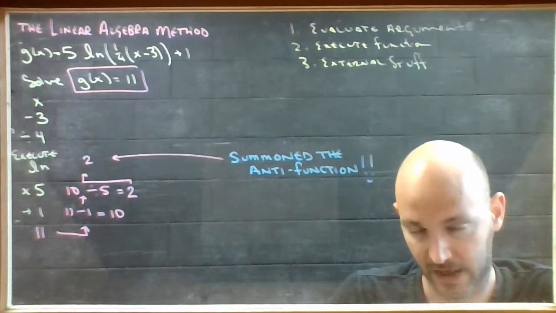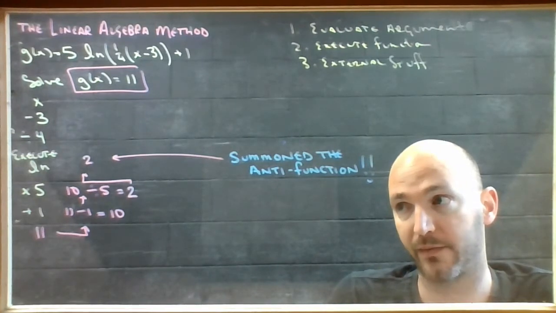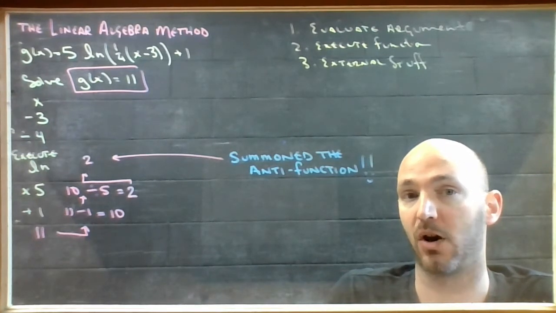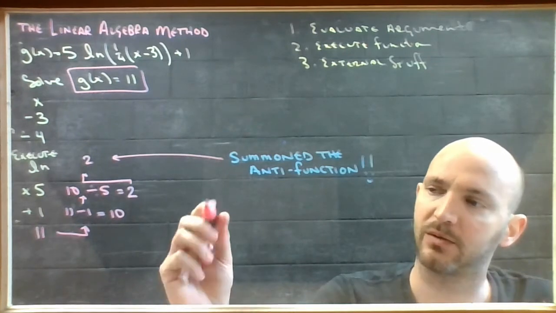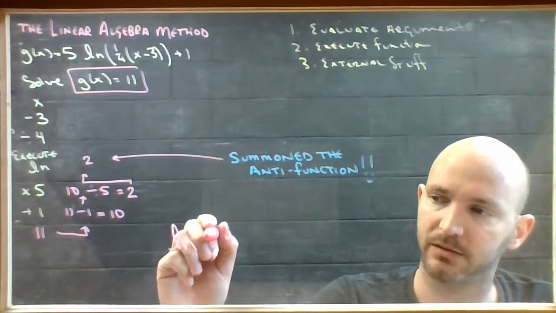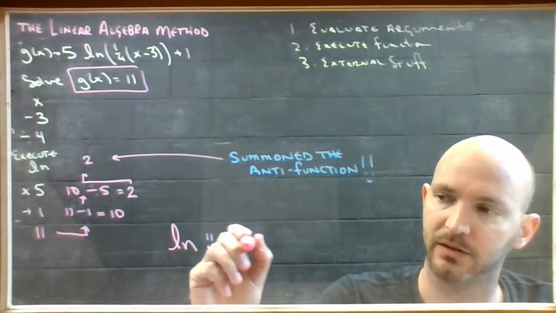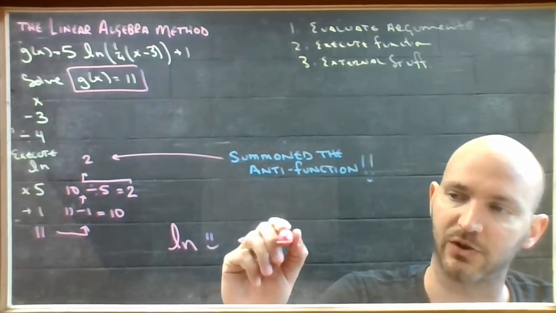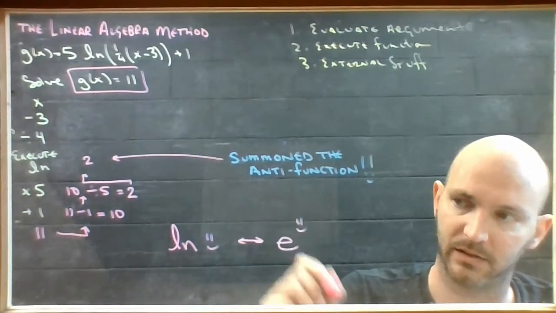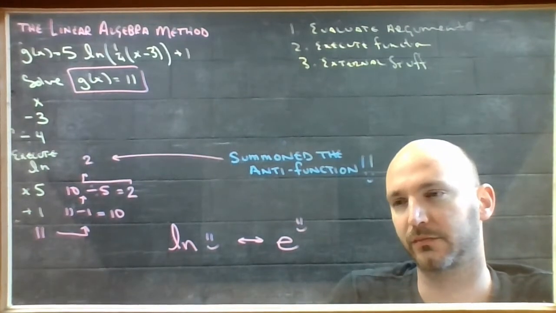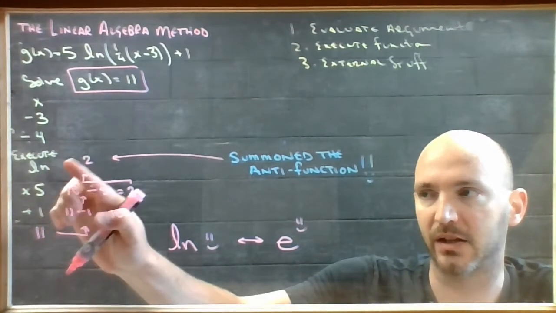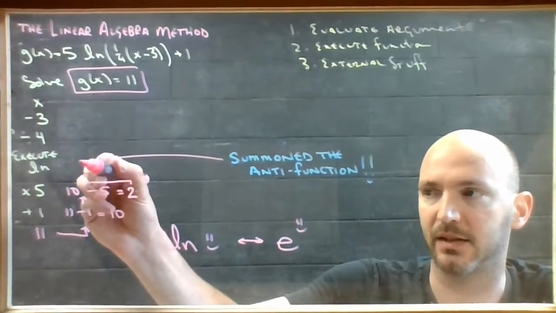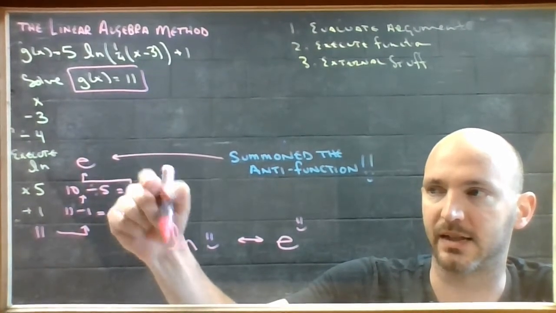So you're going to have to remember what function undoes ln. So if you can note this down, ln of whatever is the anti-function of e to the whatever. So in order to break an ln, I'm going to have to take e and raise it to that exponent.